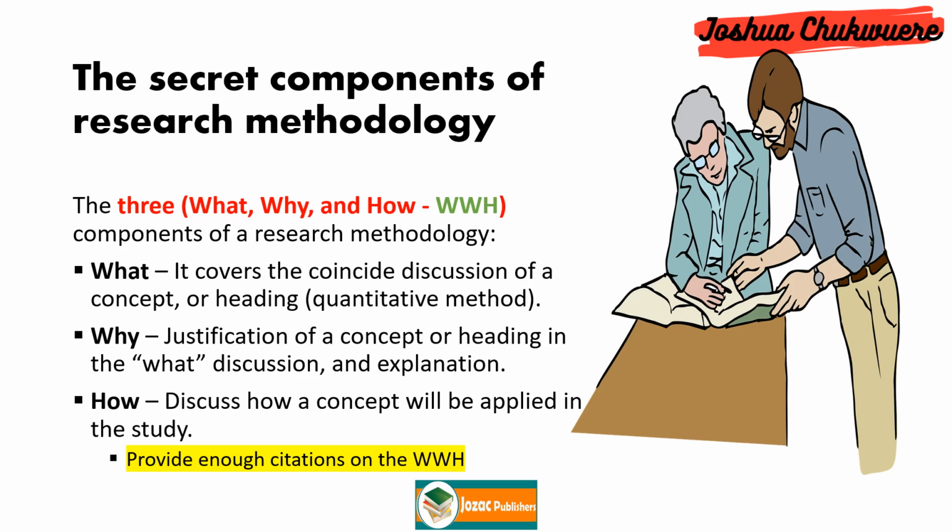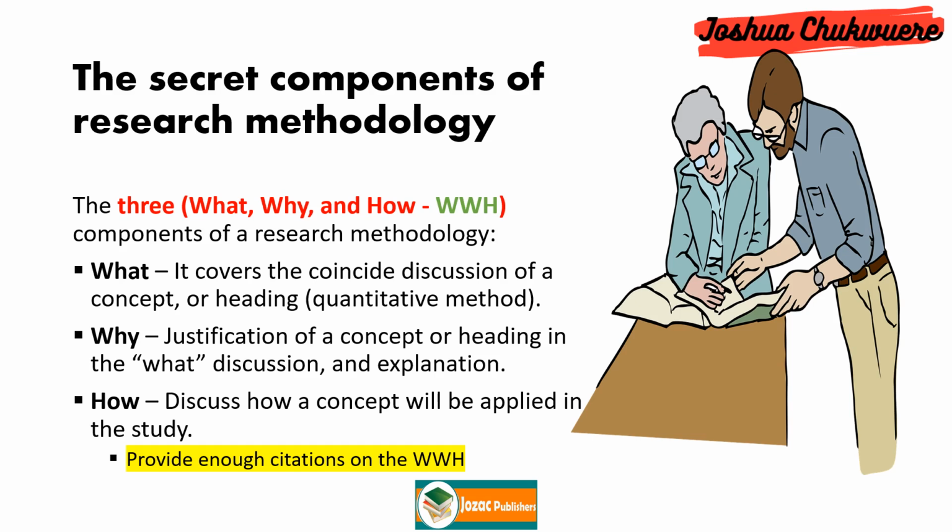Under the what is where you cover the concise discussion of the concept you are talking about. In this instance, let's say we are talking about the quantitative research method. Under the what, quantitative method is where you discuss it. And remember, in your discussion you provide all the citations on that very concept, on that very heading you're talking about.